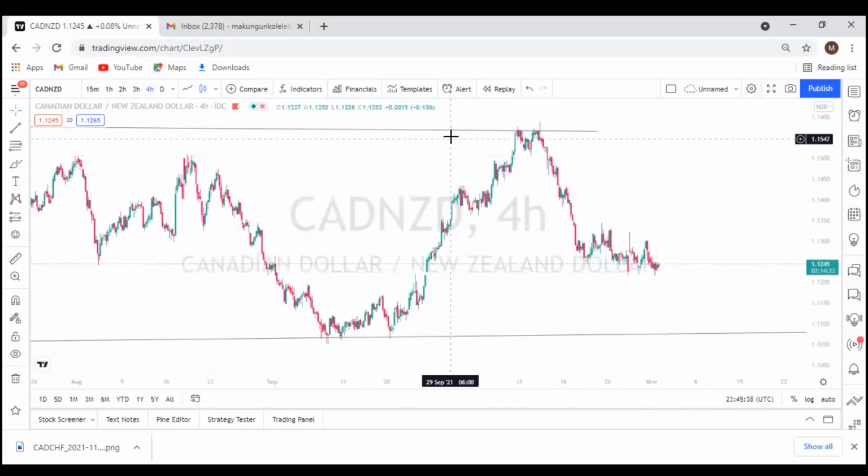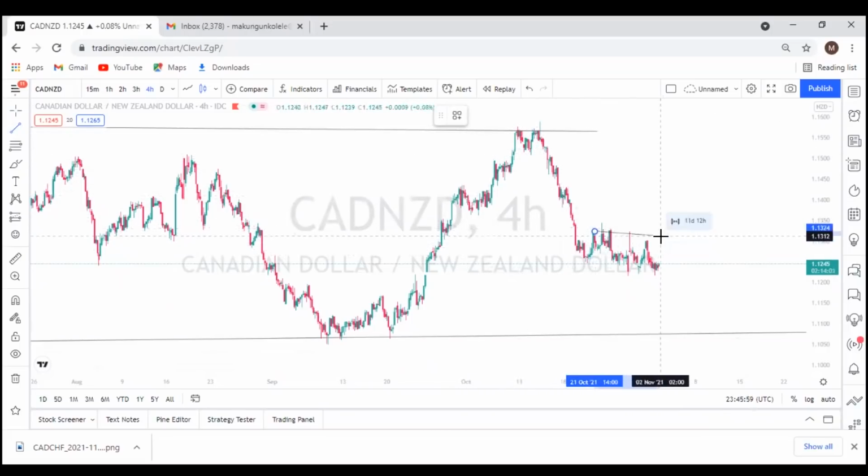As you can see from our resistance here, or our highest high, we had a significant rejection and impulse to the downside, and every single impulse right after there's a correction, which is a continuation of the market.